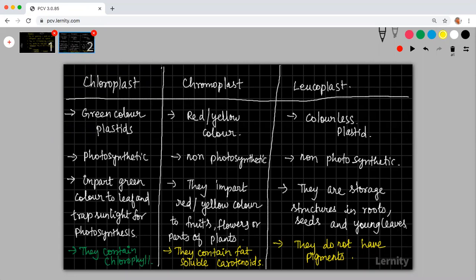I don't know the person who named the word plastid. Let me refer and tell you. Yeah, the word endo signifies endoplasmic reticulum.